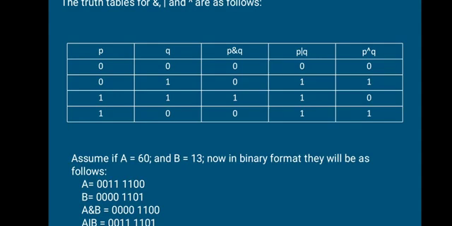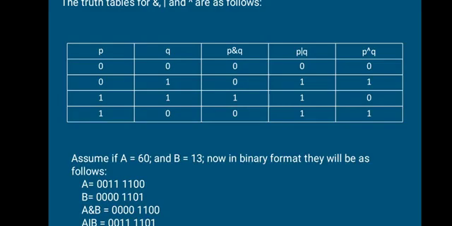And when I take OR, any one of the bits should be 1. Another can be 0. So here, when P and Q are 0, the result is 0. In other cases, the result is 1, that is true. And XOR: in XOR, only one of the bits should be 1. When both are 1, it also returns 0.